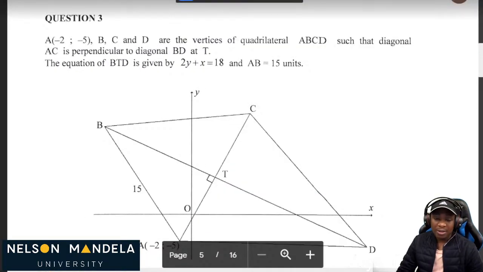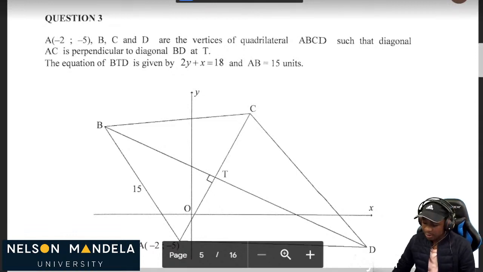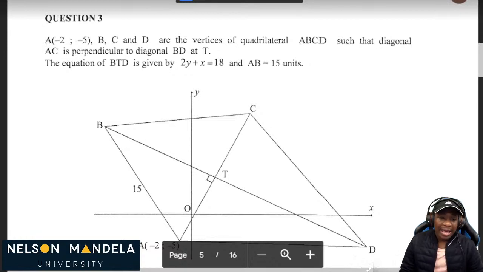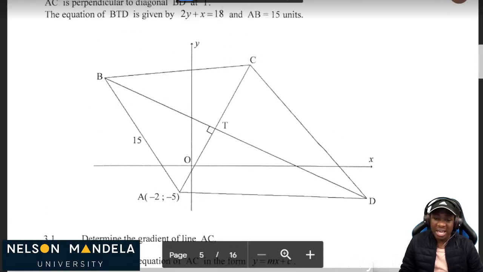Okay. So this is a nice question which is on our screen. Let me read it. It reads as follows. Question 3. A is a point in our nice drawing here.